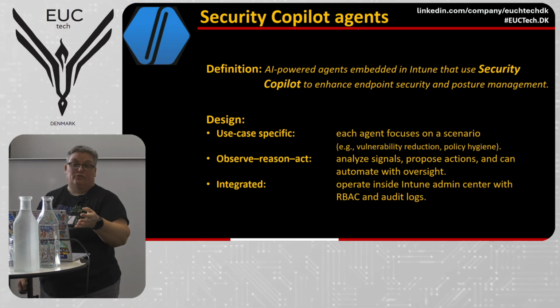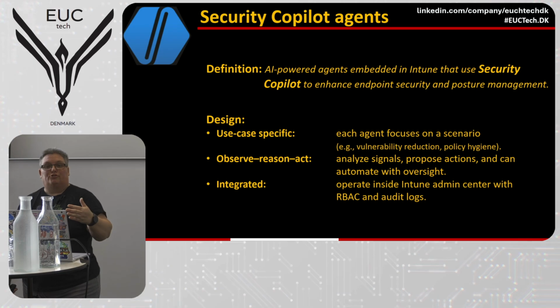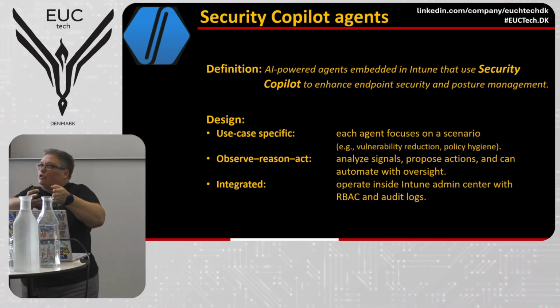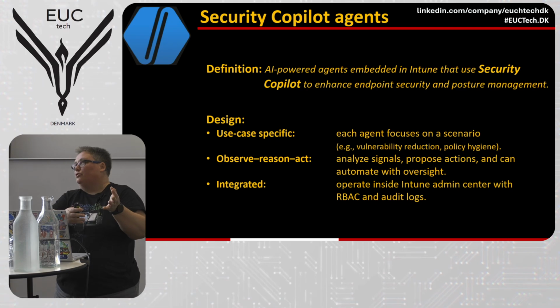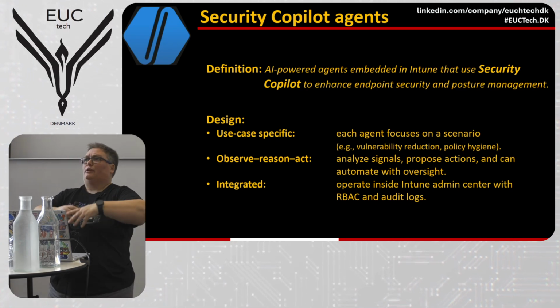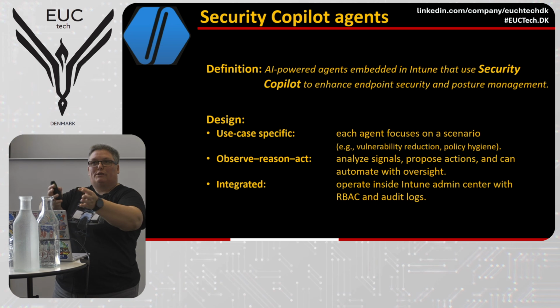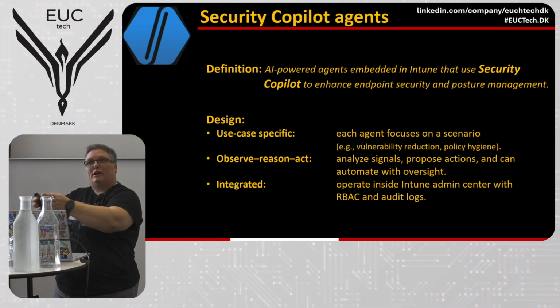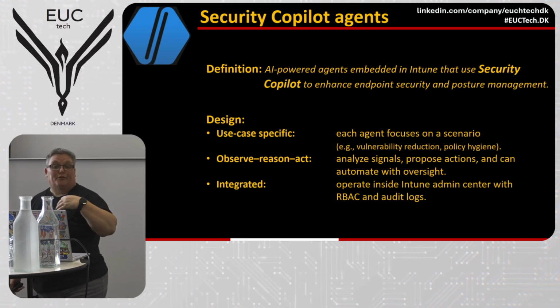If we're looking at security copilot agents, what you're seeing is that it's really scoped to one specific task. So that's something that we need to take into account. It will not do any complex tasks that require different focus areas or anything. So it's very use case specific.